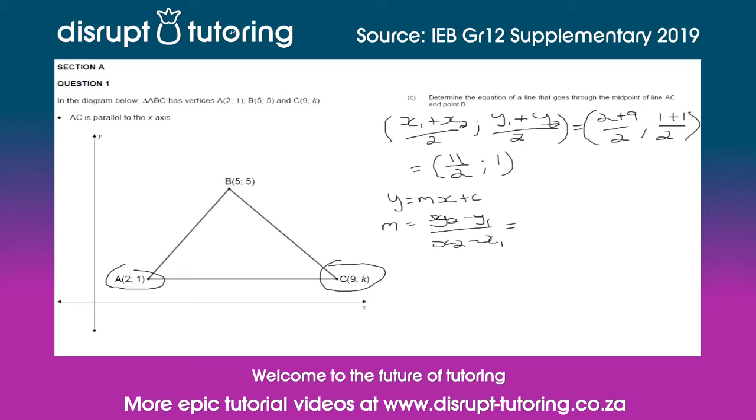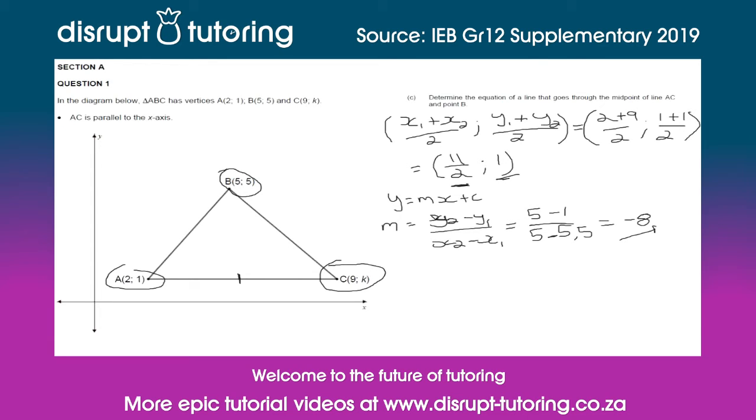If we substitute in, we are now using this point for B, and the midpoint that we just found. So y2 will be 5, and y1 will be from our midpoint, which will be 1, all over, again, 5 minus 5.5 there. So put that in your calculator, and you get that your gradient is minus 8.